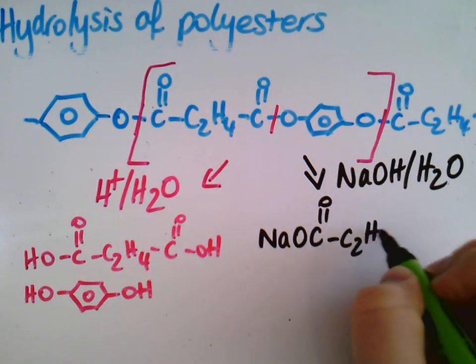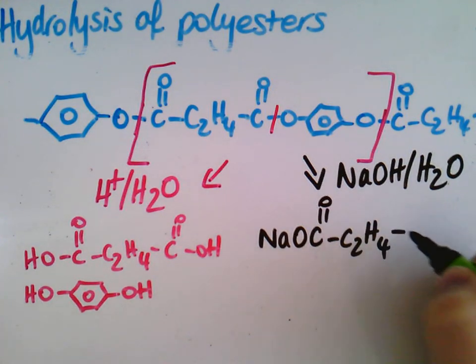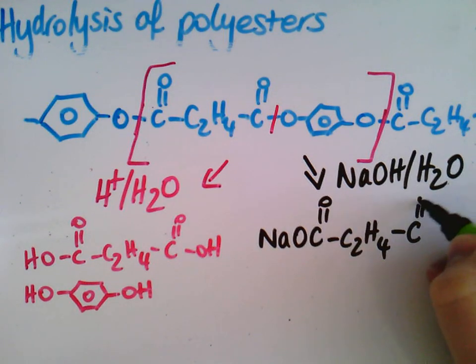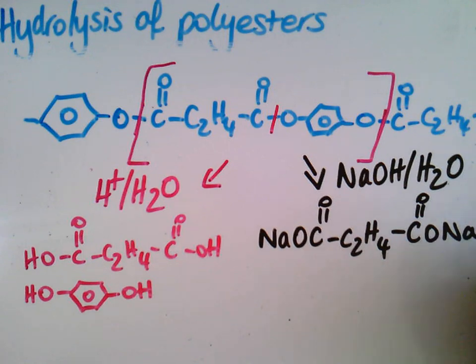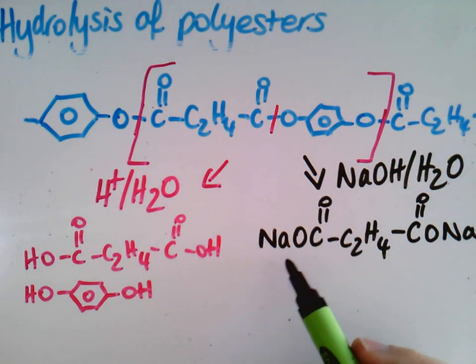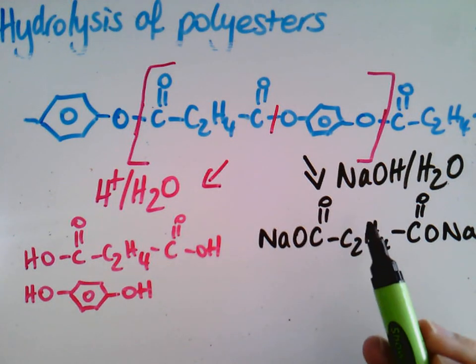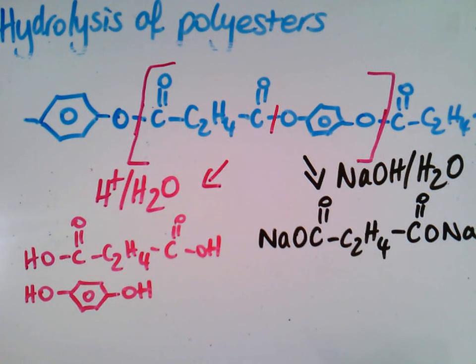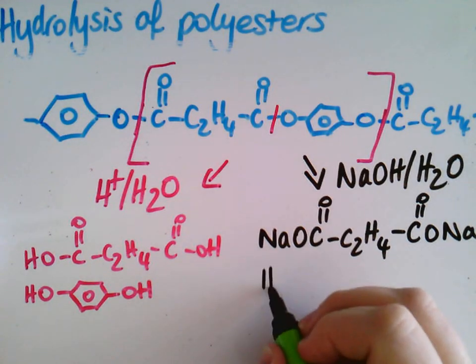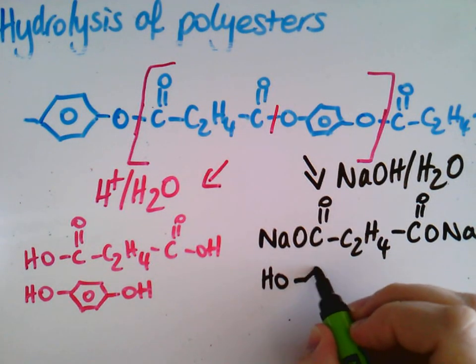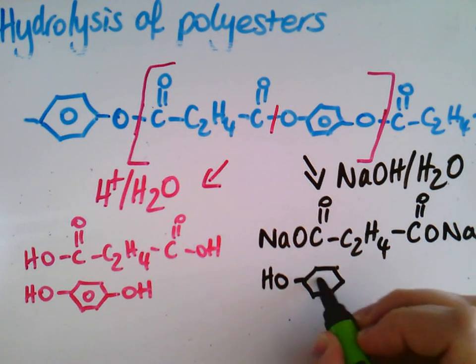So we're not making a carboxylic acid, because essentially that carboxylic acid would have formed, but then the hydrogen that's present in the carboxylic acid group is going to go off to neutralise the OH that's present, so we get the sodium salt formed, but we'll get exactly the same diol formed as previously.